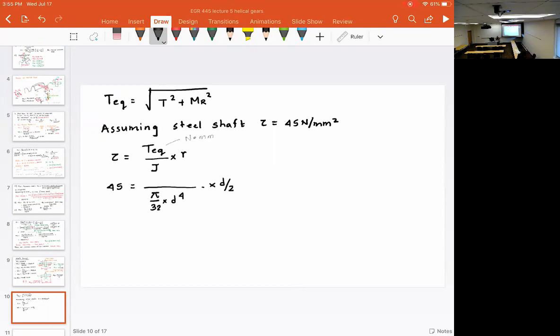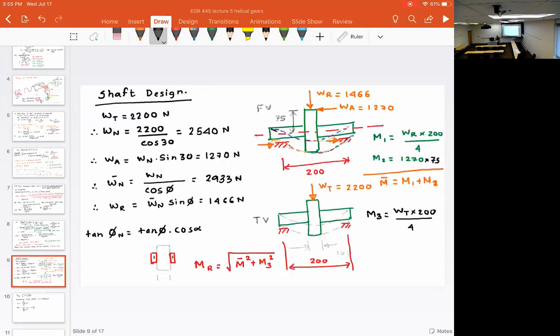So can you please tell me values quickly? What is the value of MR?